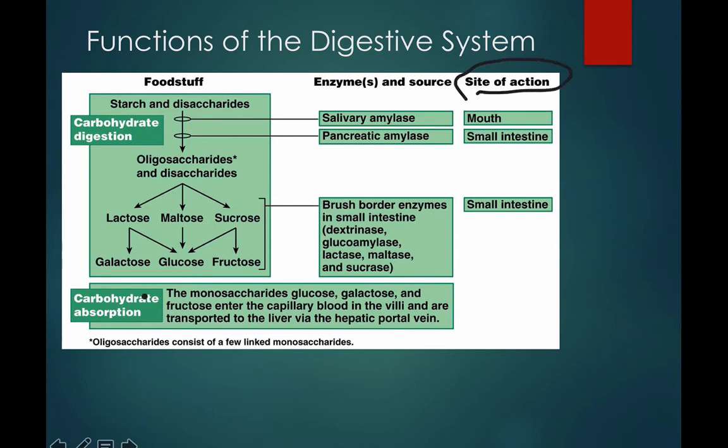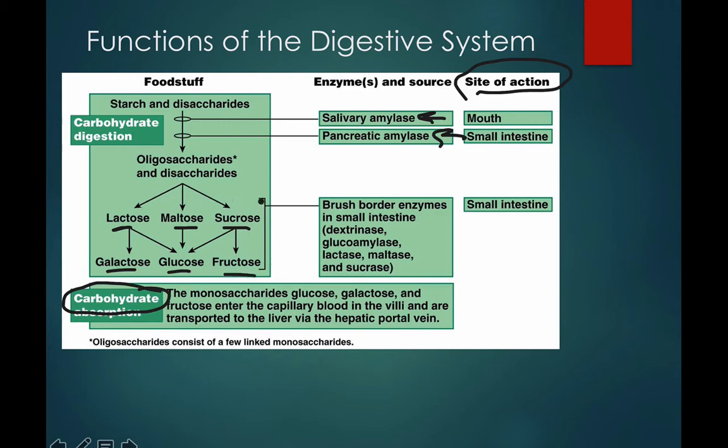So this is the basic pattern of how carbohydrates are absorbed. So once a carbohydrate is in your mouth, you have salivary amylase that does the work. Salivary amylase will help to break down starches. You also are going to have the small intestine break down sugars as well, and the small intestine helps to break down lactose, maltose, sucrose, galactose, fructose, and glucose. These are the disaccharides.